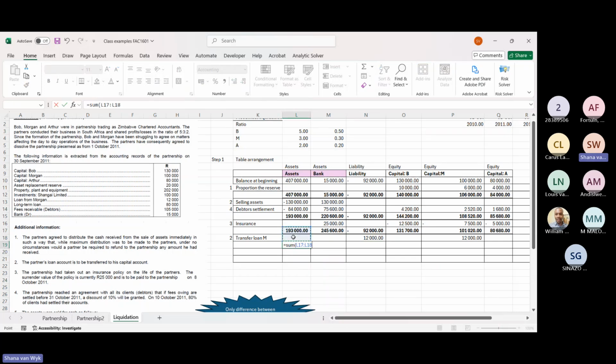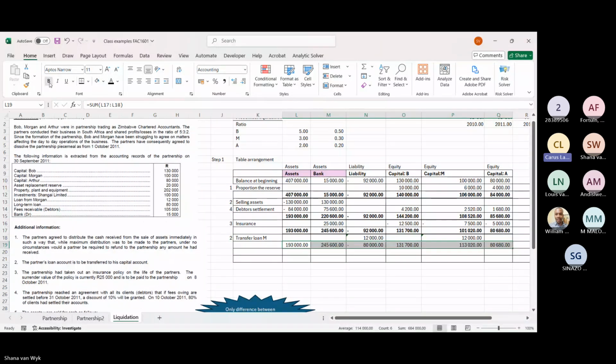Everyone agree? No, I don't agree. Isn't there something missing? Shouldn't there be a negative sign at one of the 12,000s? The capital. Okay. Now the question is why. If we have a loan from there, it's a liability, so that amount is credit, right?